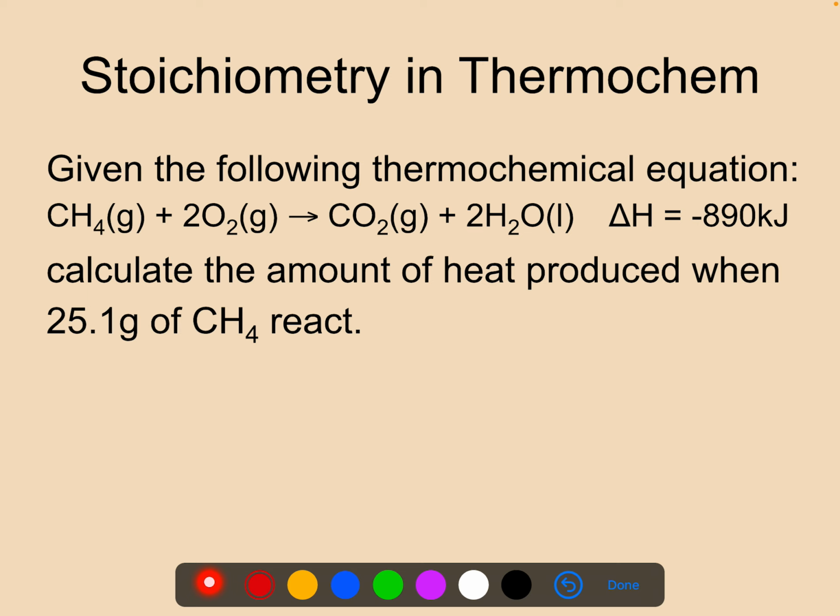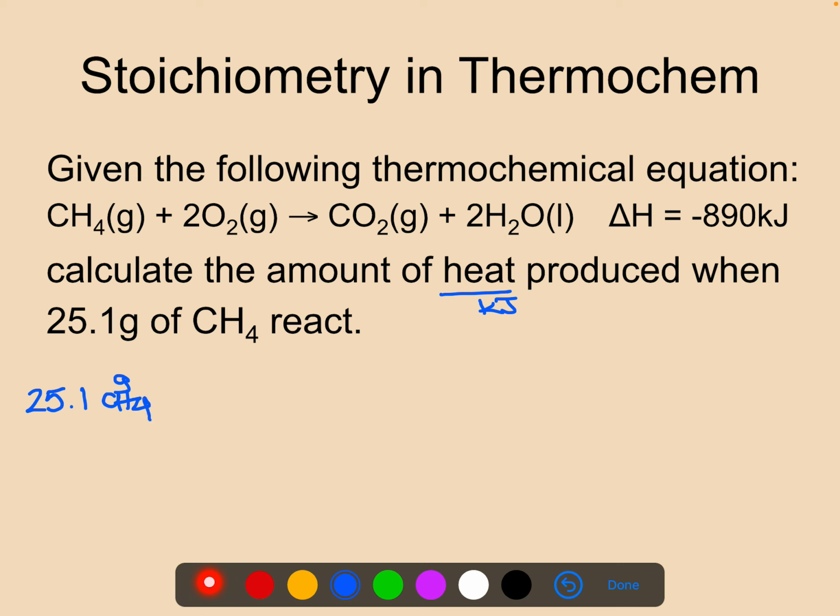So here it says, given the following thermochemical equation, and it's the same reaction with methane and oxygen, calculate the amount of heat produced when 25.1 grams of methane react. So we're ultimately trying to find heat, so we're trying to find kilojoules, and it gives us grams. So we're going to start with our mass as given, the 25.1 grams of methane.